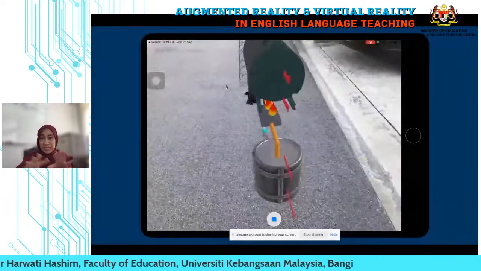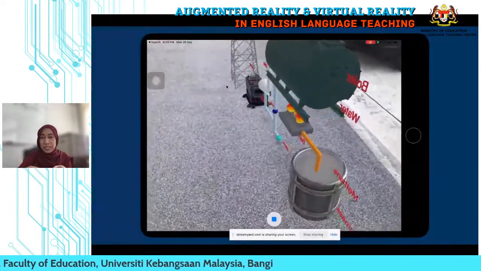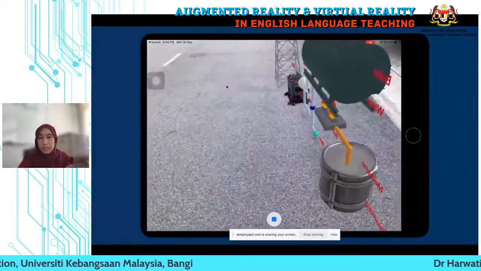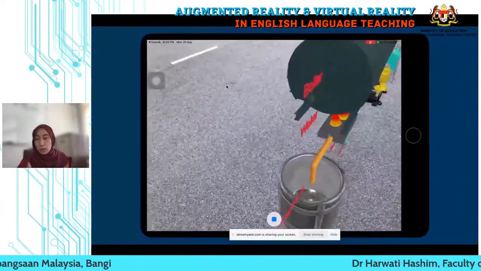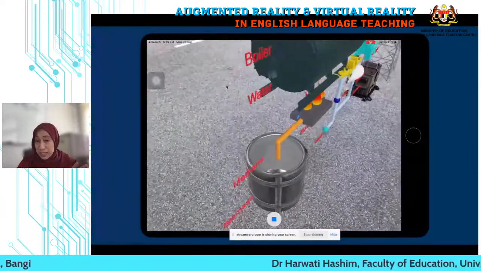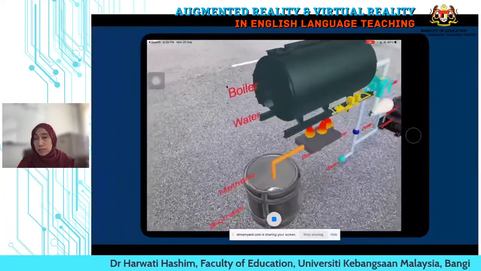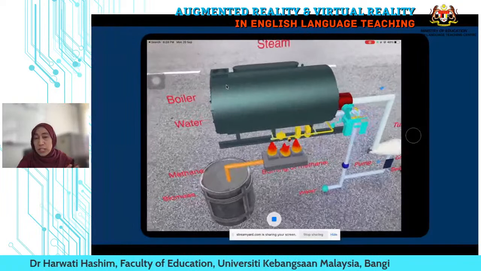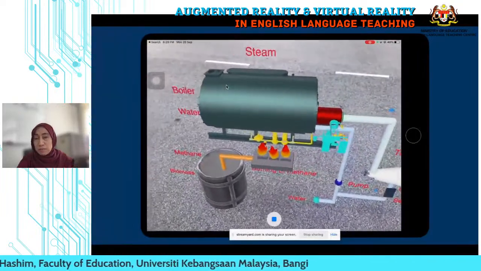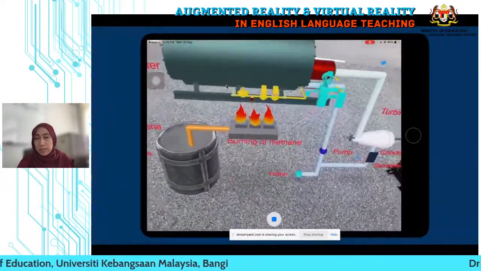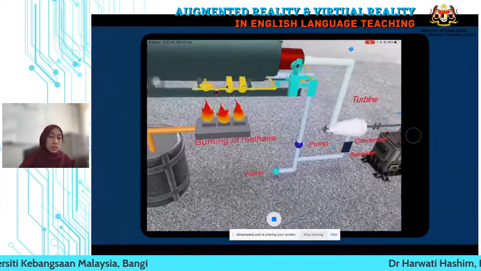If you can see, it is on the real world. This is a location-based augmented reality, real world with overlay digital images. These are created using Reality Composer. So students can talk about this using this augmented reality material. Okay, this is one example.